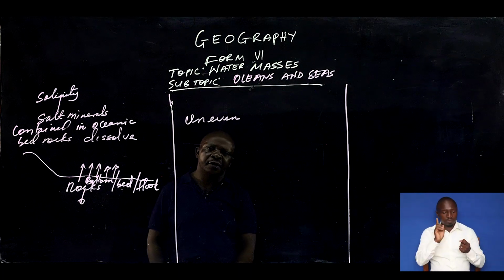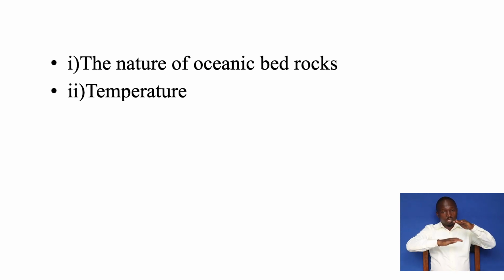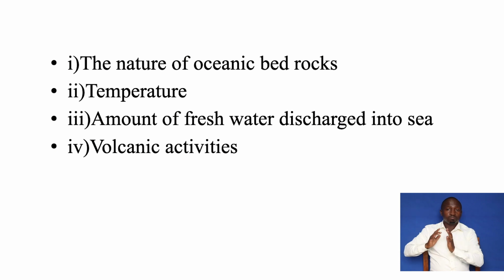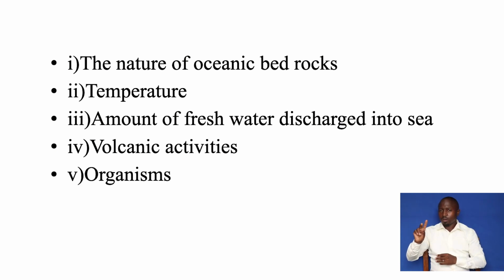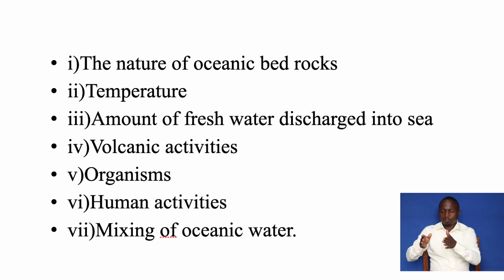We have the following. 1, the nature of oceanic bedrocks. 2, temperature. 3, amount of fresh water discharged into the sea. 4, volcanic activities. 5, organisms. 6, human activities. 7, mixing of oceanic water.